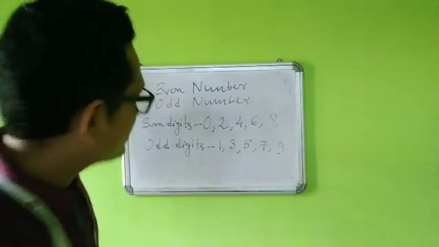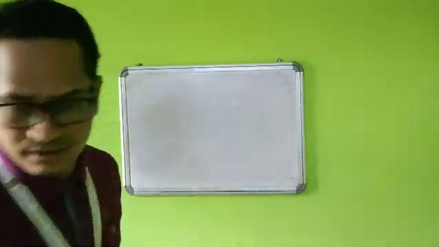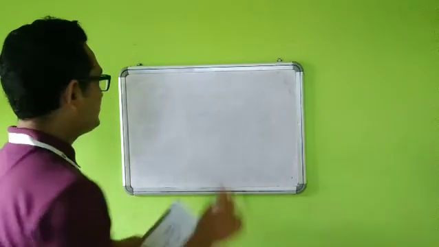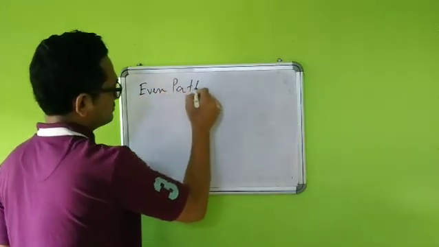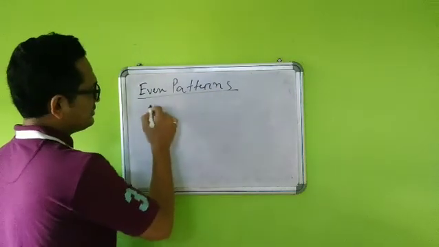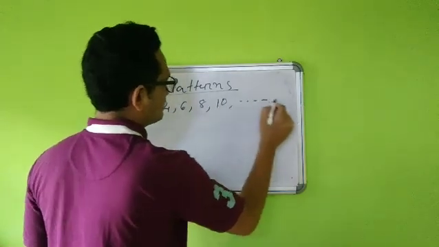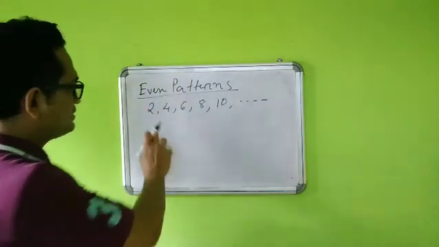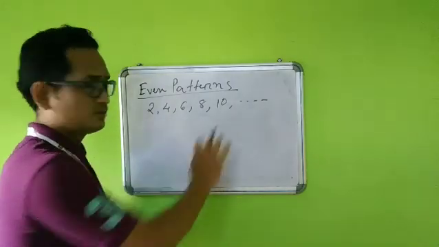Now there are some patterns, students, which actually tell us about this even and odd, how to do it. So even pattern, if I say even pattern, suppose I am writing one pattern like this. Now see students, here all these numbers are actually even numbers.